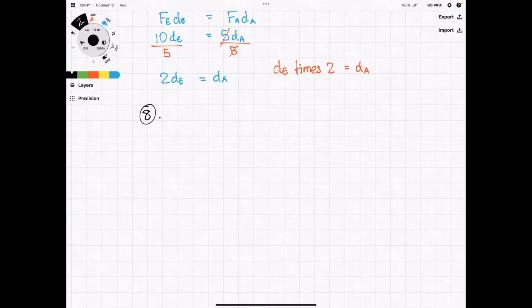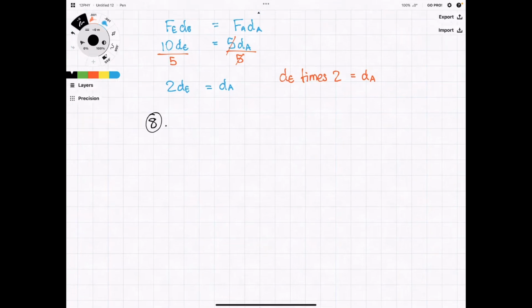It's trying to get you to ignore that force. If I sketch that diagram in here, we have a rod, something like this. At the left-hand side, we have a 5 Newton force up. We have an 8 Newton force down.